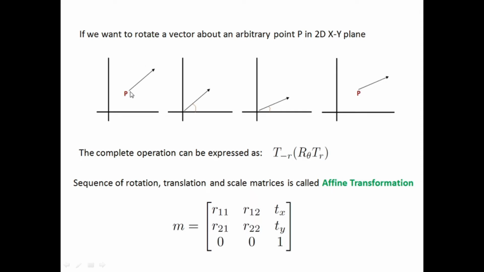Let me assume like that. Then what I will be doing, I translate the vector point P, this vector, to the origin. That means some shifting operation had happened, right?